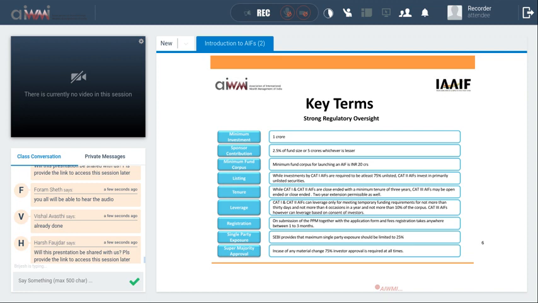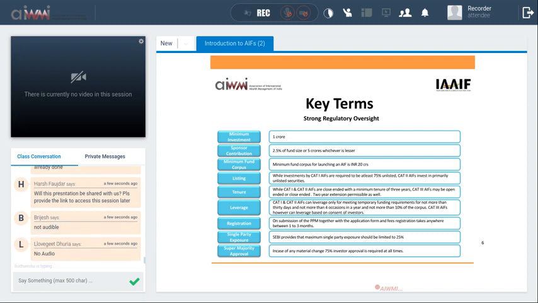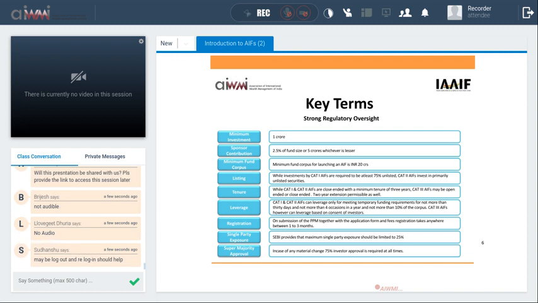Now that's to ensure that this product is outside the reach of most retail investors, given that an alternative investment fund typically invests in sophisticated instruments, generally takes higher risks, more sophisticated risks. It's only suitable for somebody with a high net worth, either somebody with a high net worth in terms of an individual, or is suitable for institutions which have the capability to understand the risk return framework within an AIF.